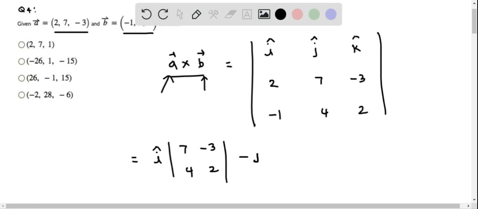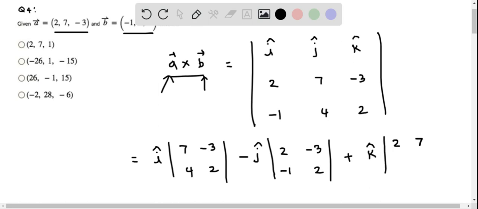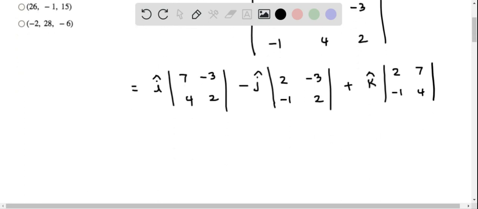And then we put negative j vector times the 2 by 2 determinant obtained by leaving the row and column represented by j vector. So when we do that, we get 2, negative 3, and then negative 1, 2. We then put k unit vector, multiplied with the 2 by 2 determinant, that is 2, 7, negative 1, 4, when we leave the row and column represented by the k vector.